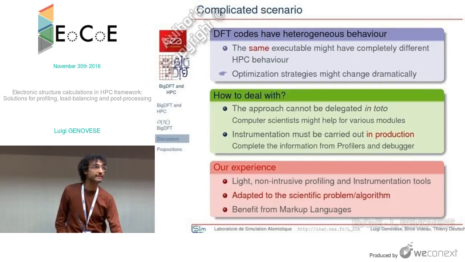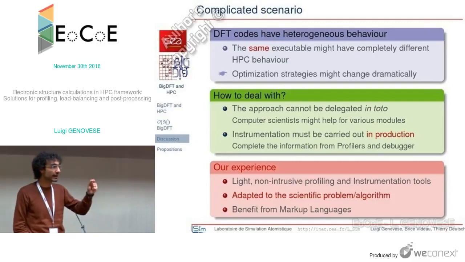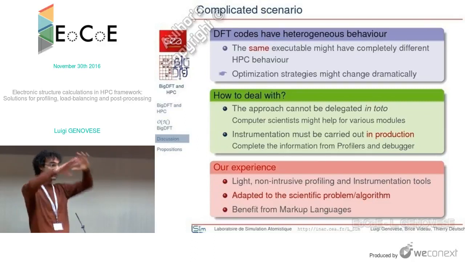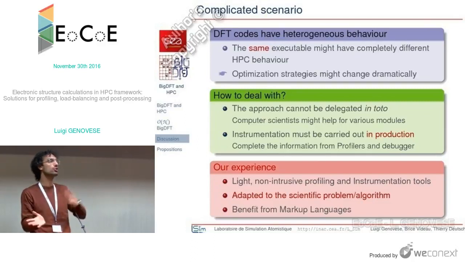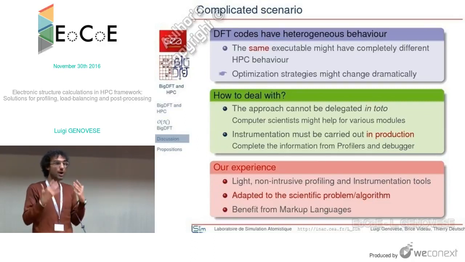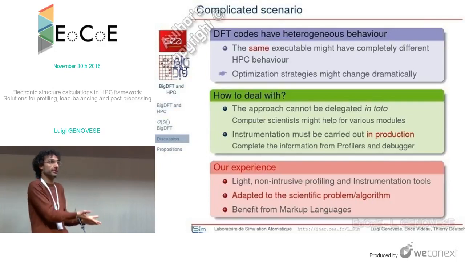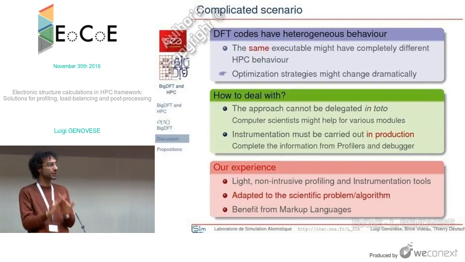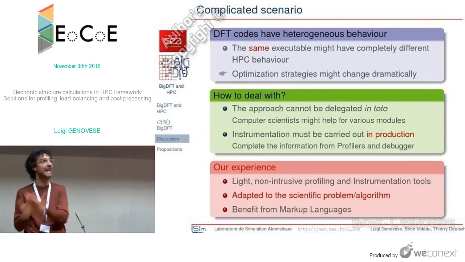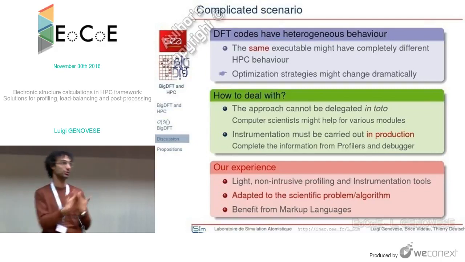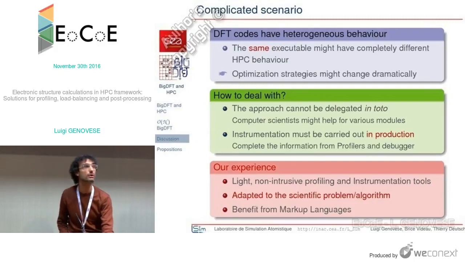The point is that this profiling is not profiling only one kernel, but a set of kernels which are associated to the algorithm we use, identified by the developer. So it is as if you are building your own profiler for your code that helps you understand the benefits of changing or not the algorithm in your execution. I have some examples to show you this feature in a few minutes.